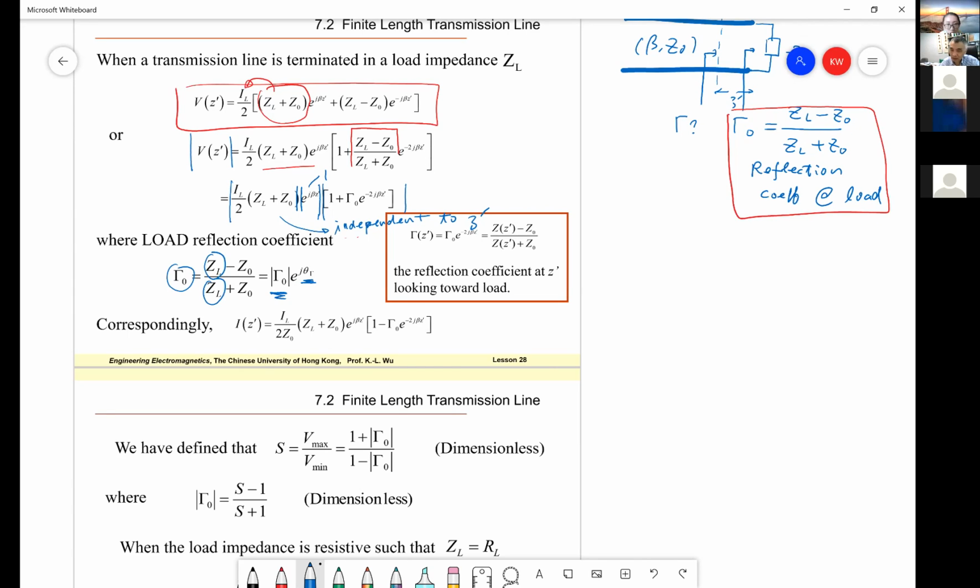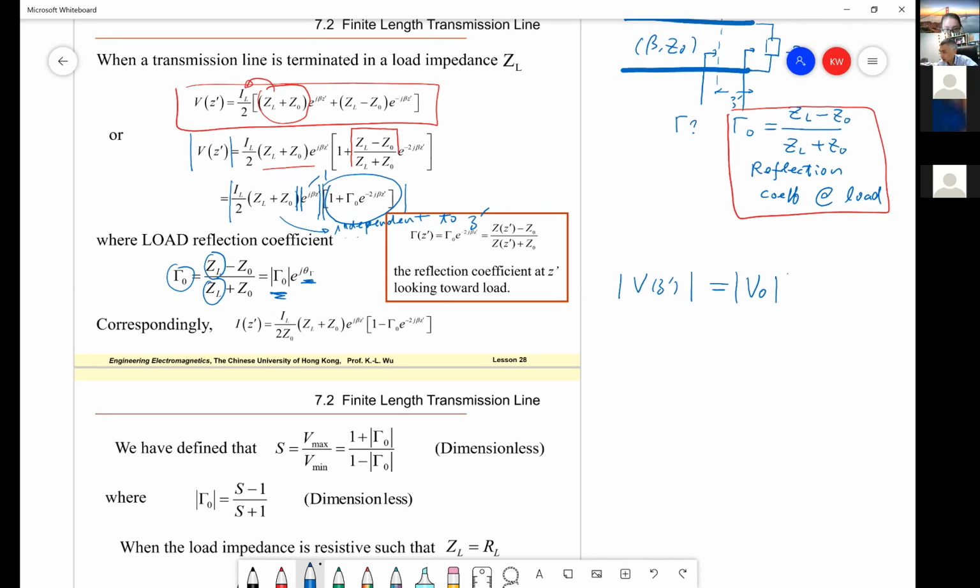So the magnitude of voltage only depends on this.